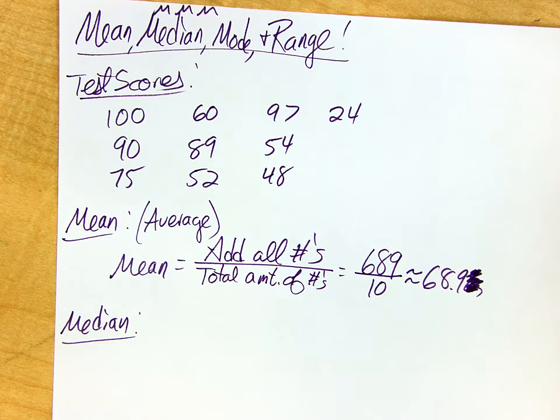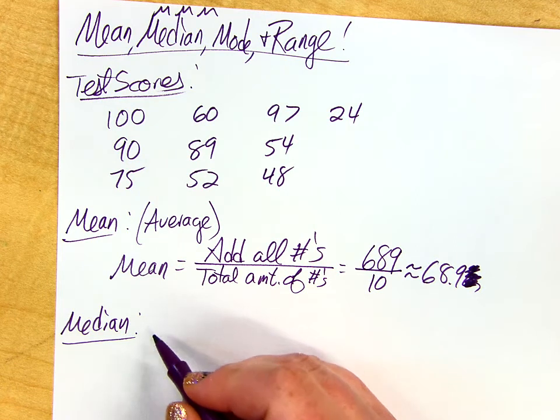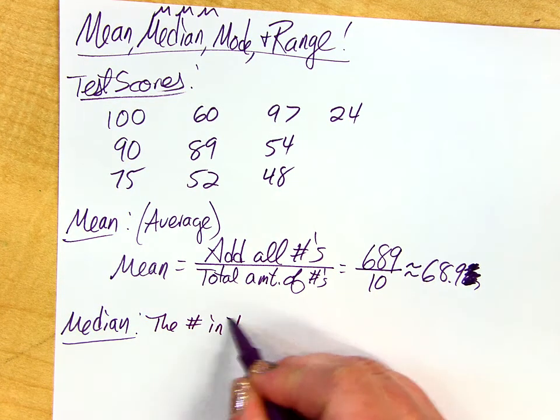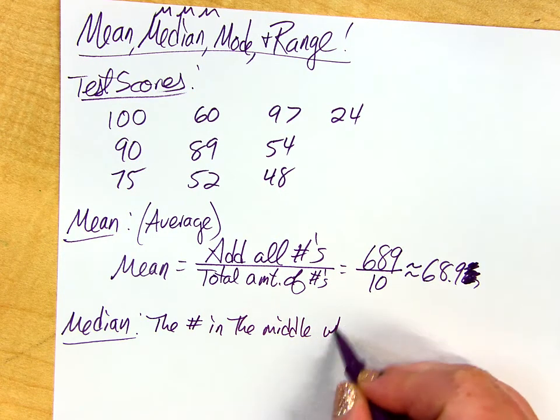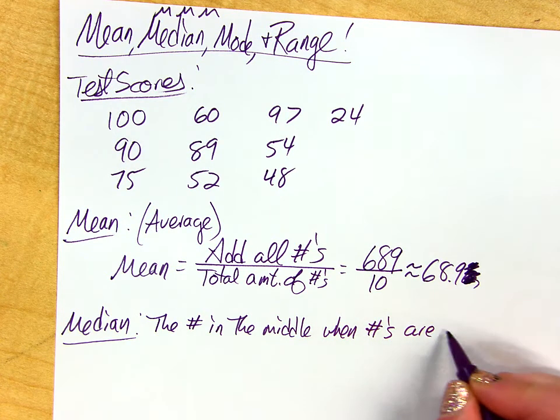Yes. It's literally the number that's in the middle. So the first thing you have to do to find the median, let's define it. Median is the number in the middle when numbers are listed in order.